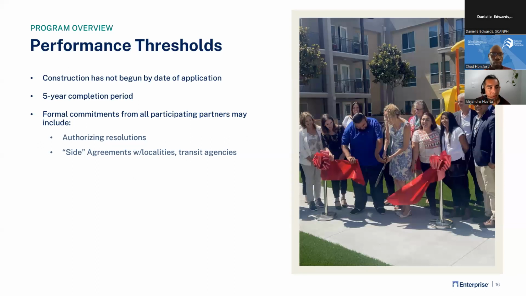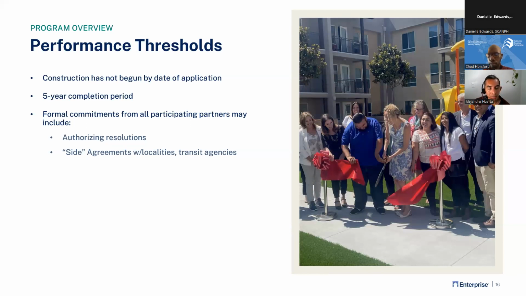In terms of looking at things on the back end, if you are awarded an AHSC award, you have 5 years to complete your housing development. And the public improvements are also expected to be completed within that time frame. On the flip side, you can't have started construction either for this. The reason I'm mentioning these thresholds is because sometimes you need to think about the timing in terms of partnering with cities that may require authorizing resolutions.